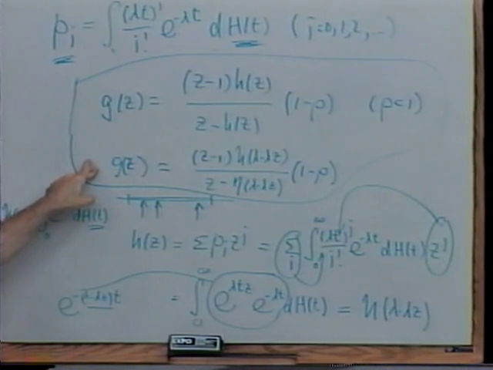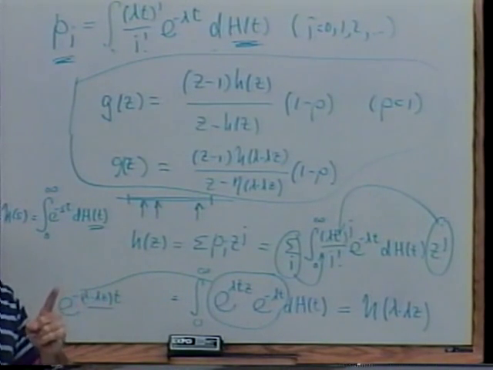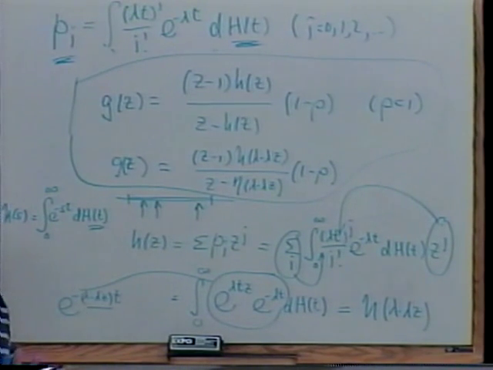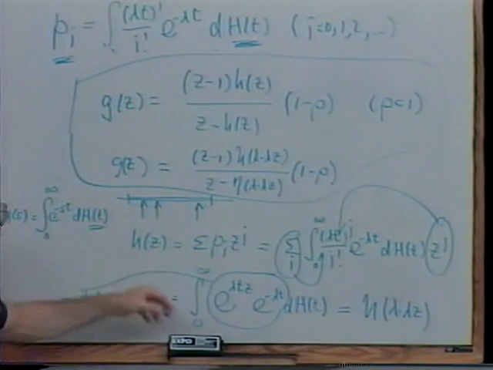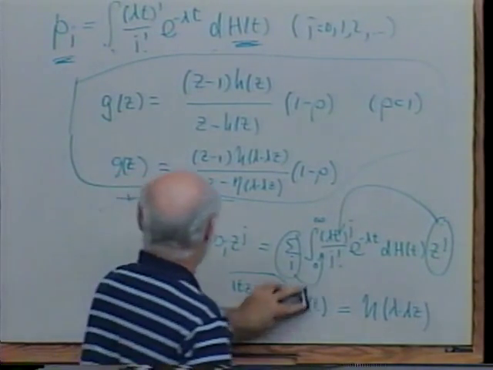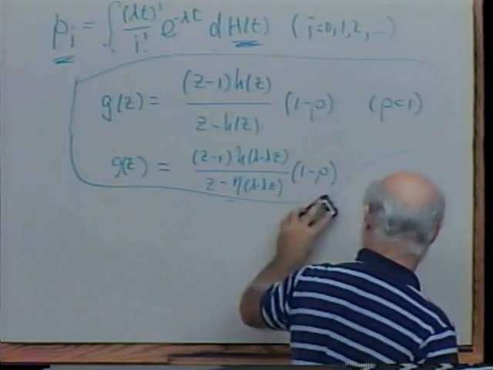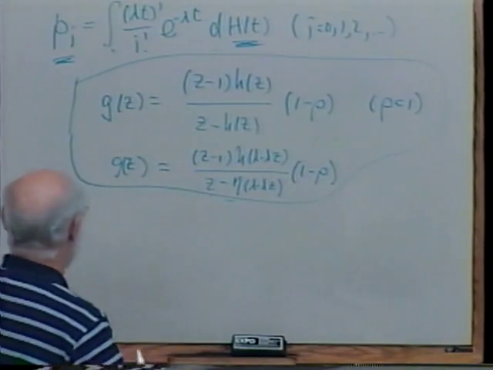But the expected value of the number in the system is related to the time spent in the system. And the time spent in the system is the sum of the time spent waiting in the queue plus the time spent in service. The time spent in service on average is tau, and so the end result is that using Little's theorem, I can calculate the expected value of the waiting time. But if I did use Little's theorem, what I can get is this.